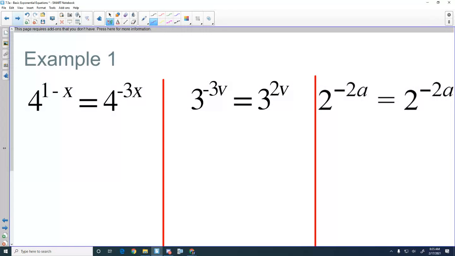Every one of those bases are the same in each of those 3 different equations, so you can essentially ignore those bases and just set the exponents equal to each other.